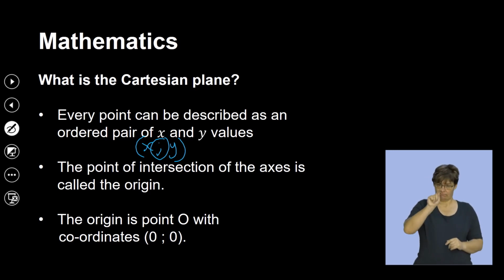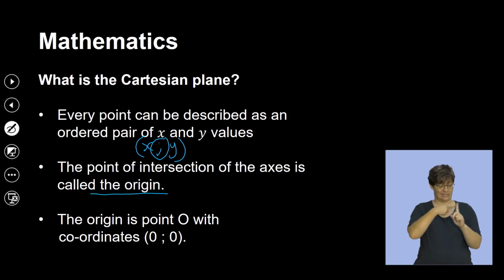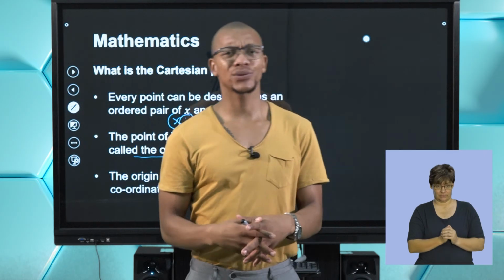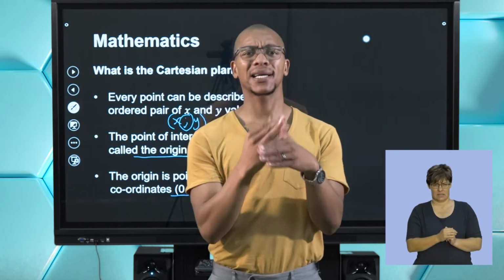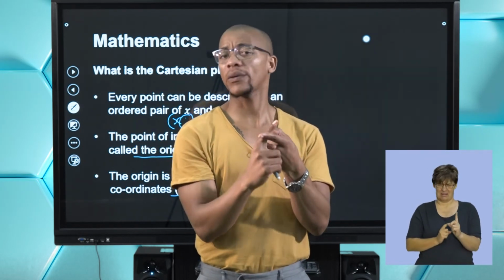So the point of intersection of these axes, remember we said, is called the origin, which is where everything starts. The origin is the point O. We normally label it with just O, O for origin. And the coordinates are normally 0 and 0. Now, I've seen people draw their Cartesian planes, and on the origin they start having 1, or they're having 3.